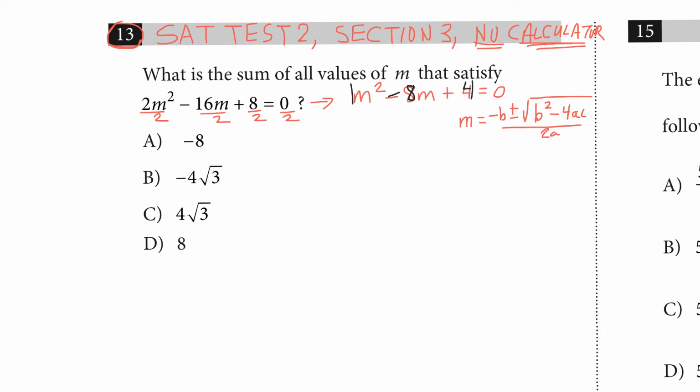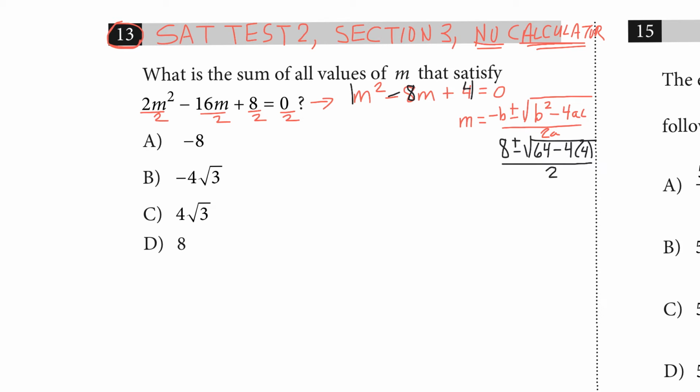So negative b would be 8, plus or minus the square root of b squared, which would be 8 squared, 64, minus 4 times a, which is 1, times c, which is 4. All that over 2a, which is 2 times 1, so that's just 2.